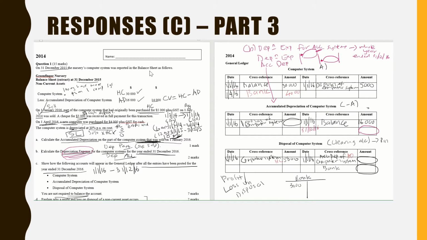Now the cross-reference will simply be what's the other side, and this relates to a debit to the depreciation expense. So we'll have the account called depreciation of computer systems. Alright, and that's it for questions A to C. Hopefully that helps.